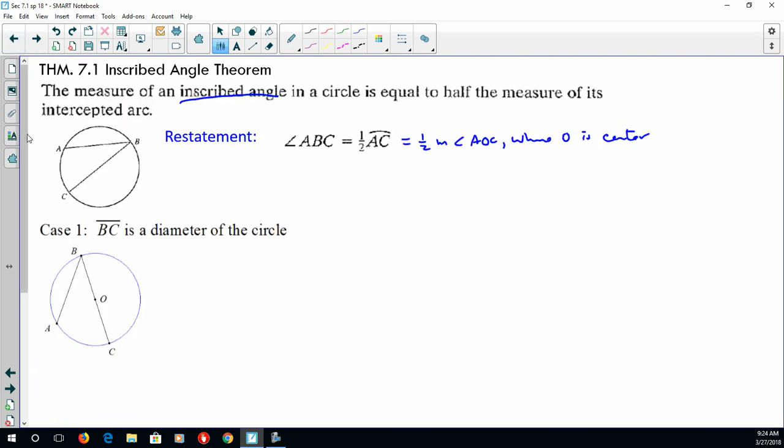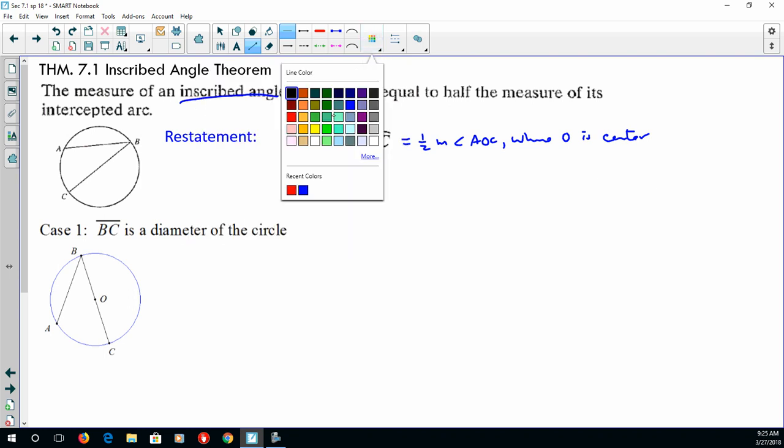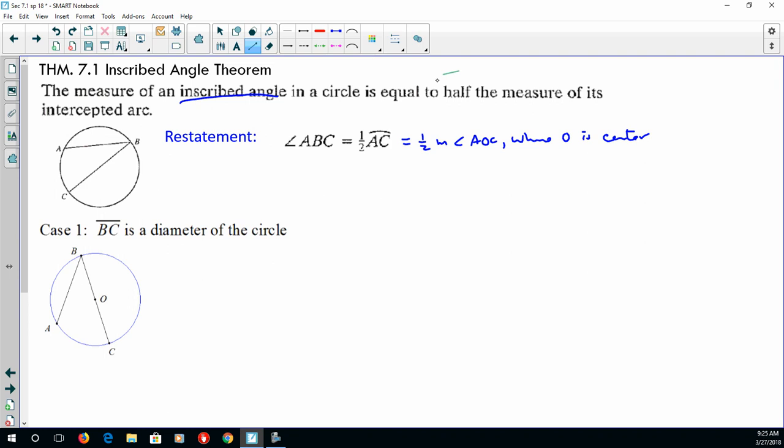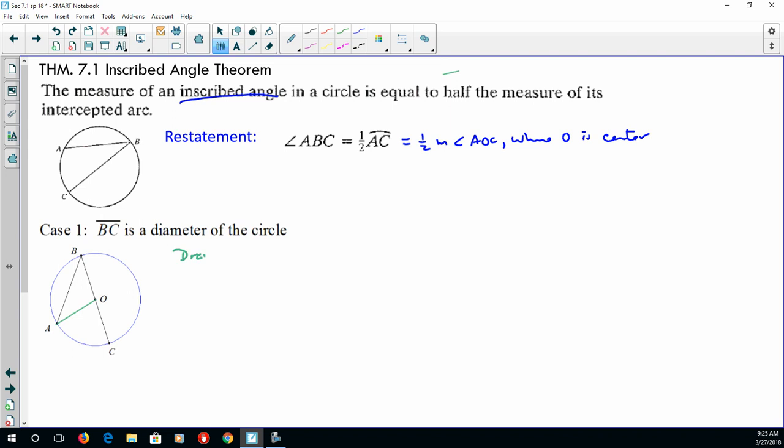I'm going to be drawing a bunch of lines, so let's pick a different color. I may leave out a few steps here. The first thing I want to do in case one is draw the line OA. By definition, the measure of arc AC is equal to the measure of angle AOC.